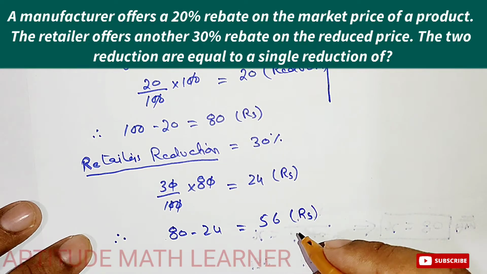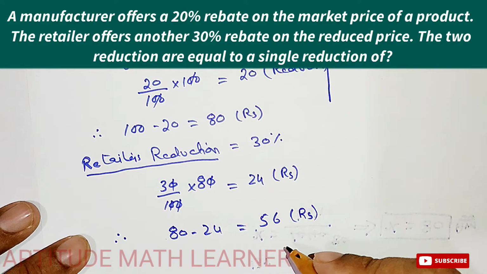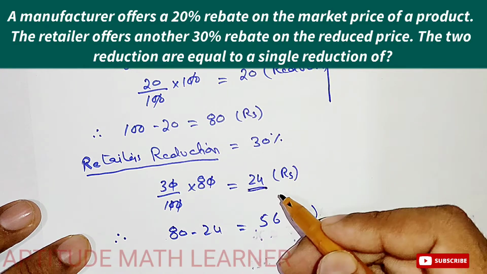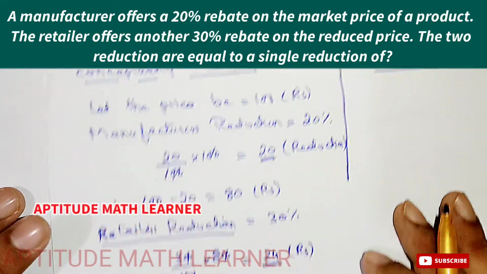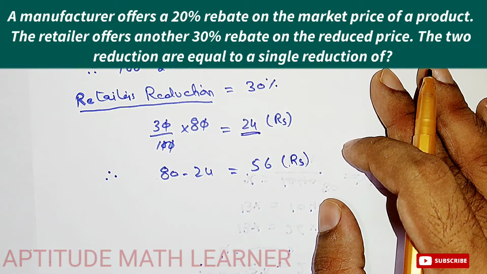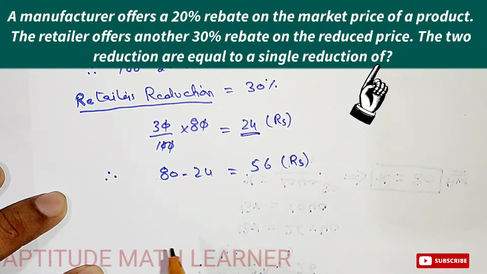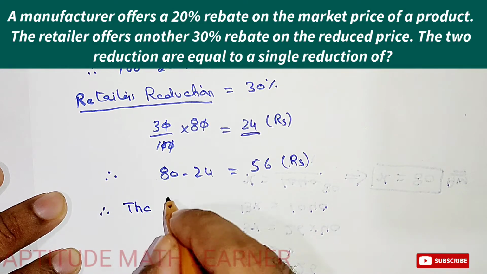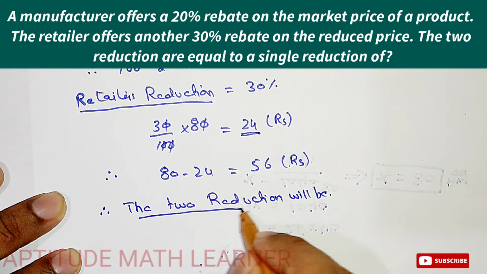So the retailer will give the product for 56 rupees. Now if you see, two reductions have been made: one is 24 by the retailer and the other is 20 by the manufacturer. The question says the two reductions are equal to a single reduction. So how much will the two reductions be?